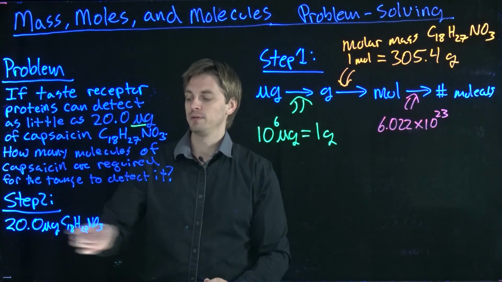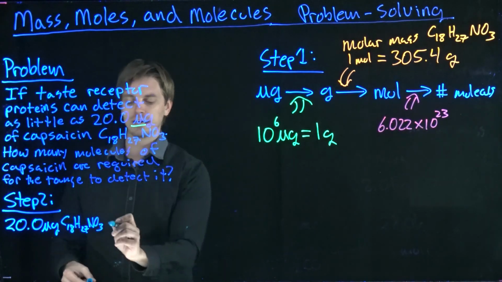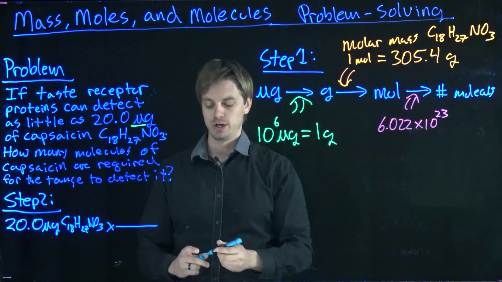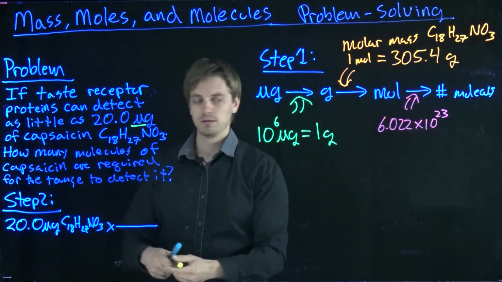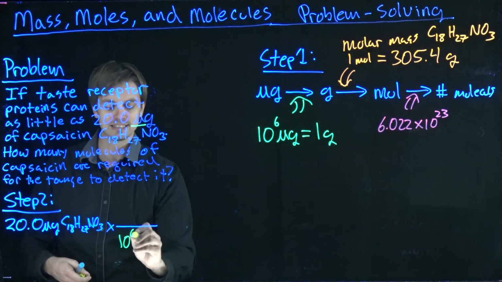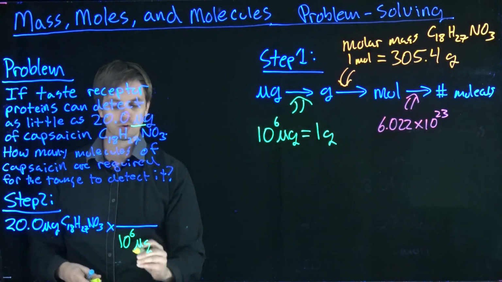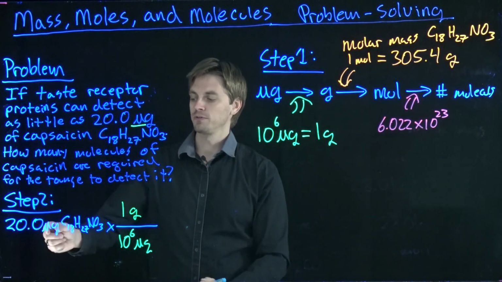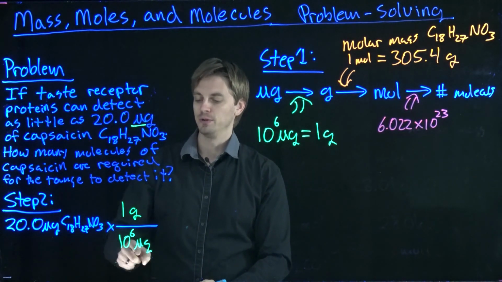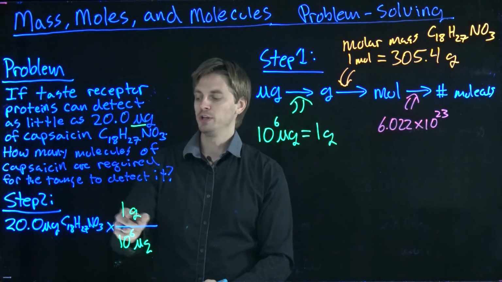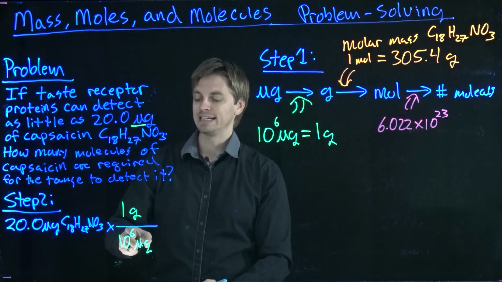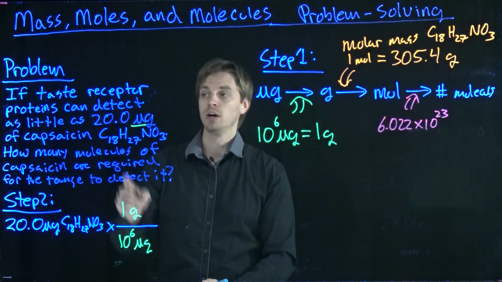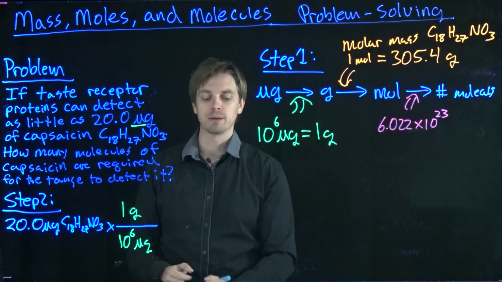Starting off with the microgram quantity, we are then going to carry out a conversion from micrograms to grams using the fact that there are 10 to the 6th micrograms in 1 gram. This conversion factor cancels out my microgram units and replaces them with grams. So at this point, dividing by 10 to the 6th, we have the number of grams of capsaicin required to activate this protein receptor.